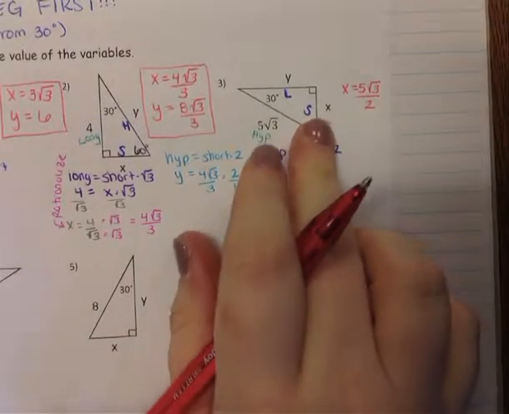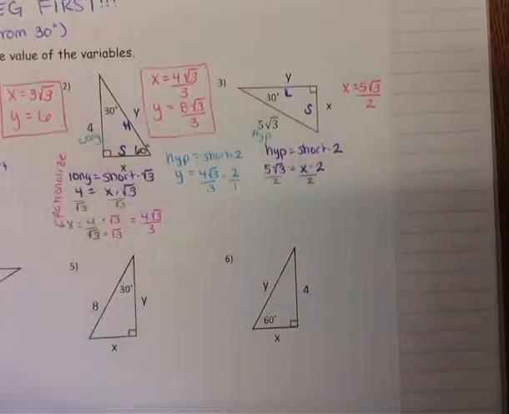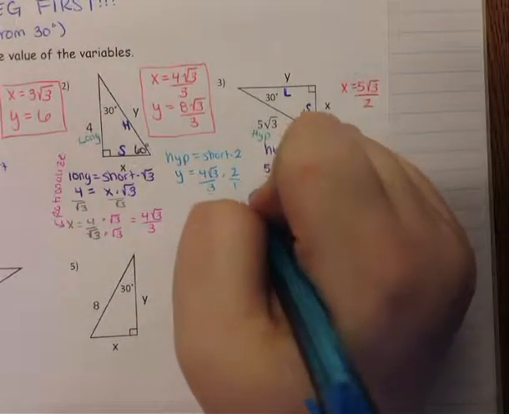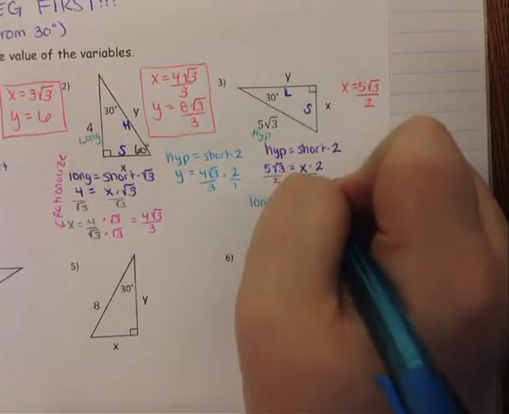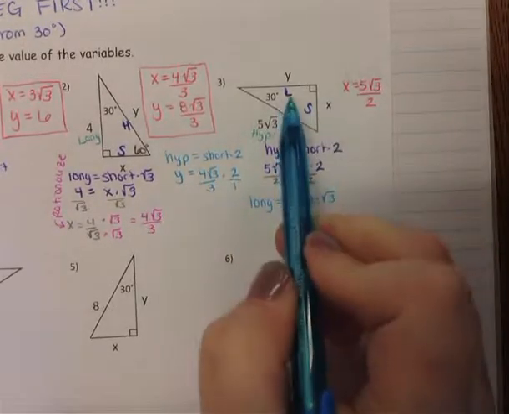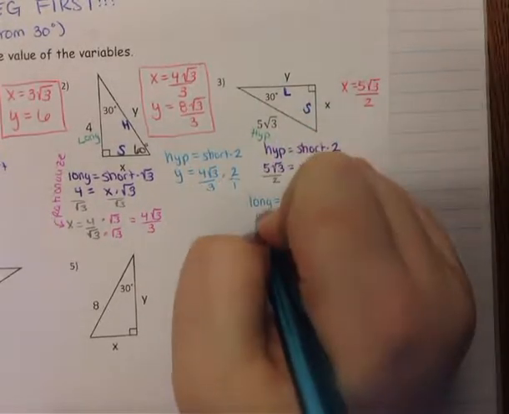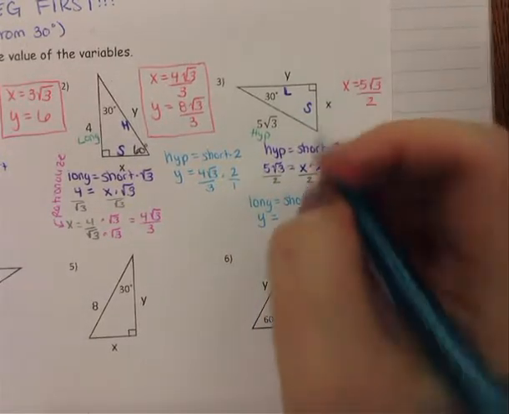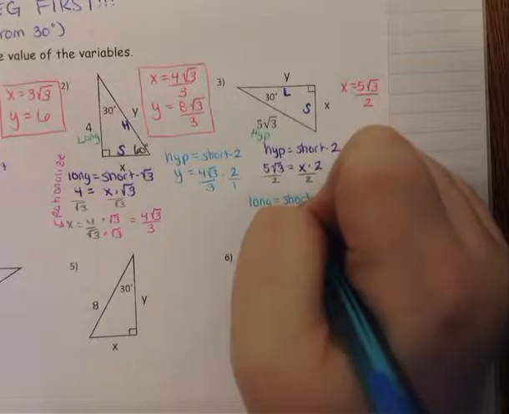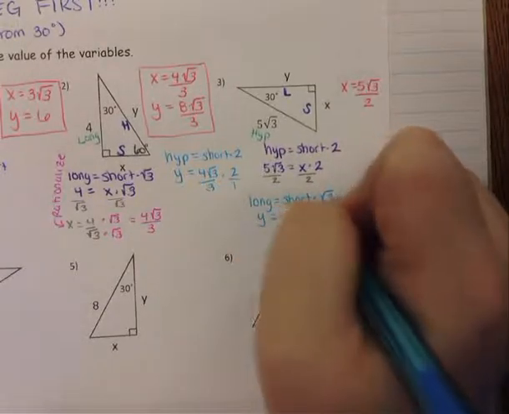So now that we have our short side, we can go and find our long side. Our long is equal to our short times the square root of 3. So our long was y. Our short was x, which we just found, which is 5 square root of 3 over 2, and we multiply it by the square root of 3.